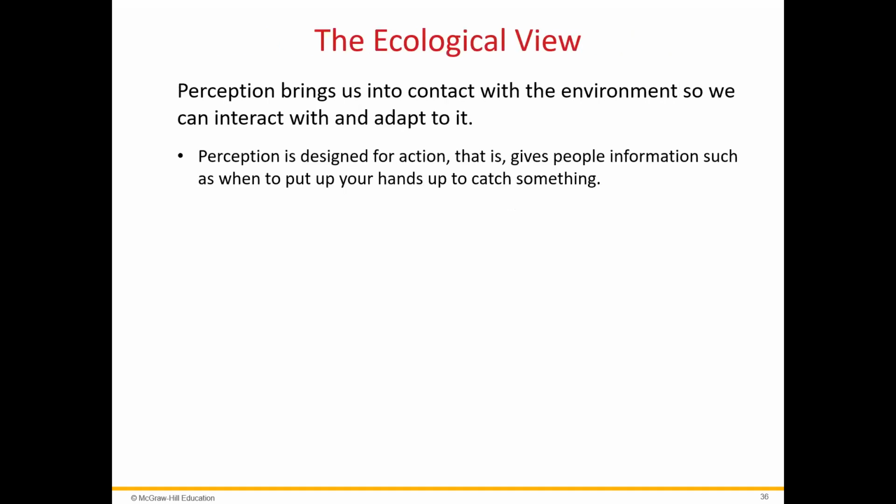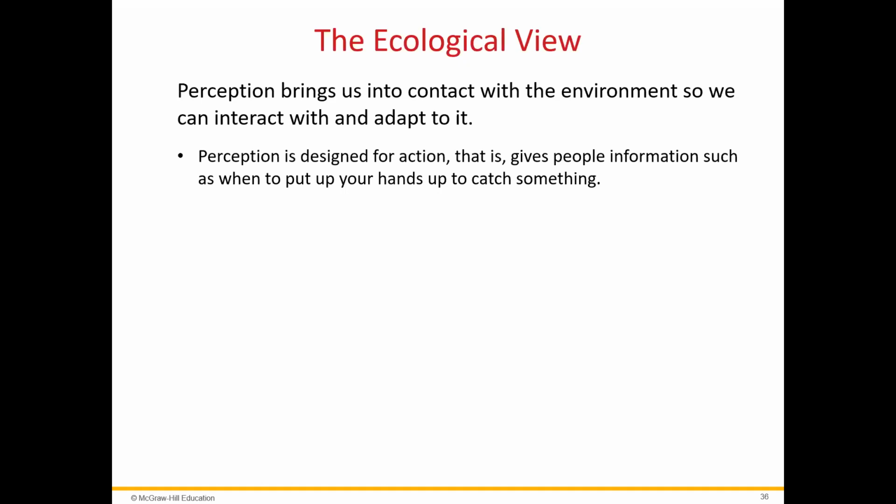Okay, let's go on. The ecological view. Ecological theory, I don't know if you remember from chapter 1, is based on evolutionary ideas, and things develop for a reason, so that we can adapt to our environment. The ecological view says that perception has developed to bring us into contact with the environment, so we can interact with it and adapt to it. It's designed for action, so it gives you information to act on.